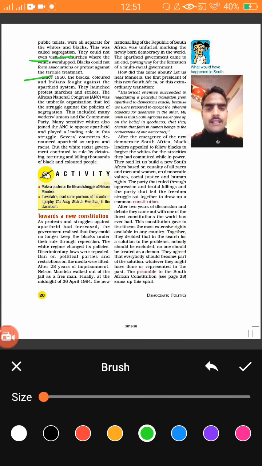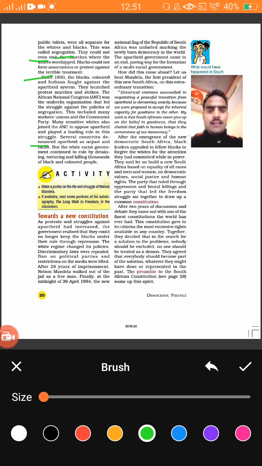Those following communism were known as the communist party. Now, many sensitive whites also joined ANC to oppose apartheid and played a leading role in the struggle. Even the white people who were very sensitive and kind-hearted also joined ANC.